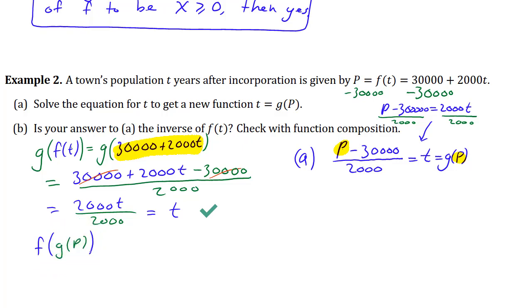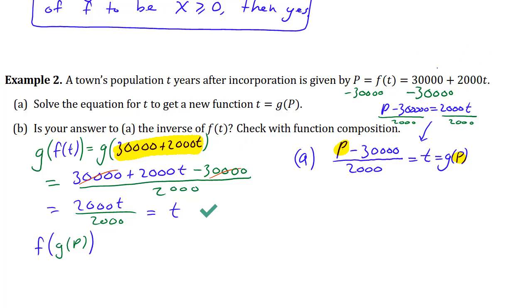So again, what does g of p do? If we take a population at some time, plugging that into g of p should give you a year. The result should be the number of years after incorporation that the town had that population. Now, if you plug that result into f, we're going to take the year, plug it in here.